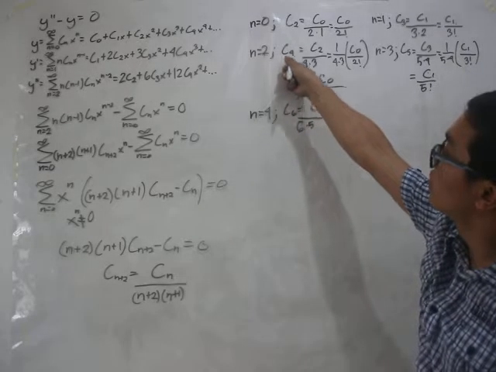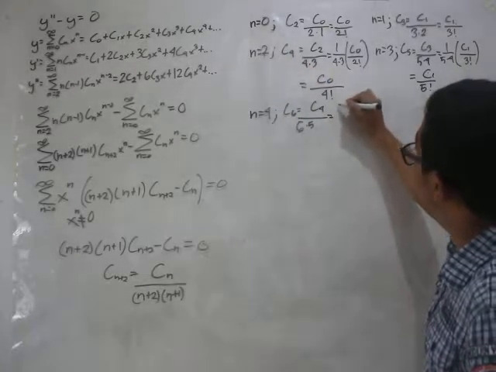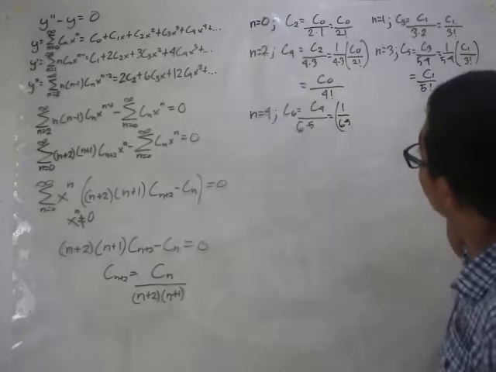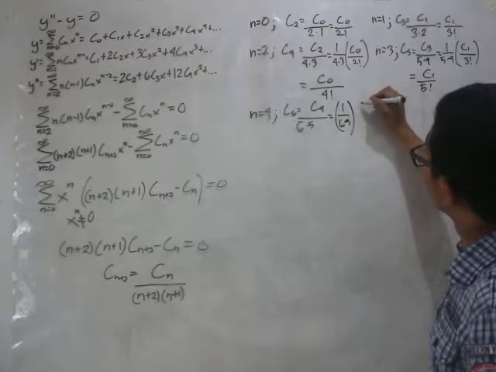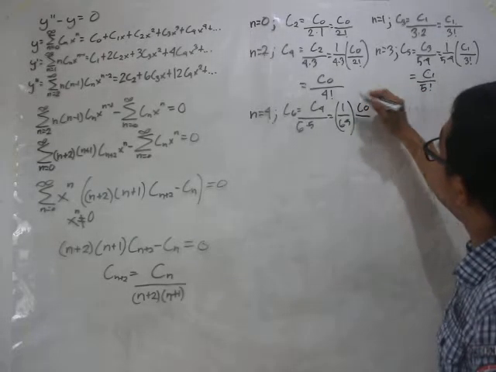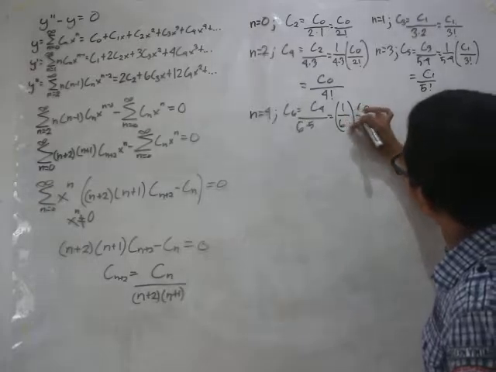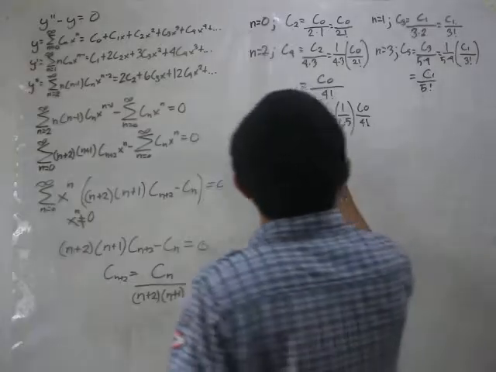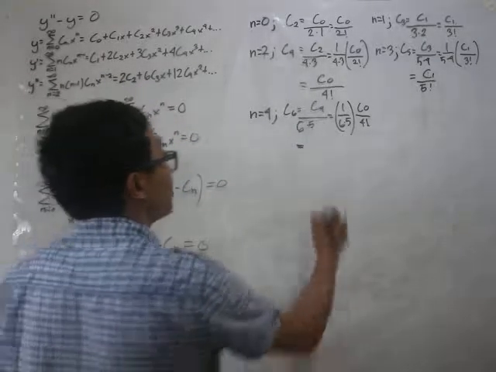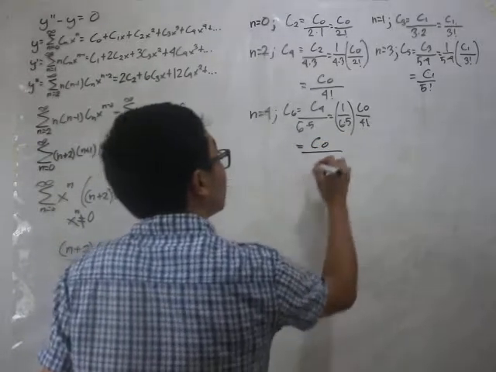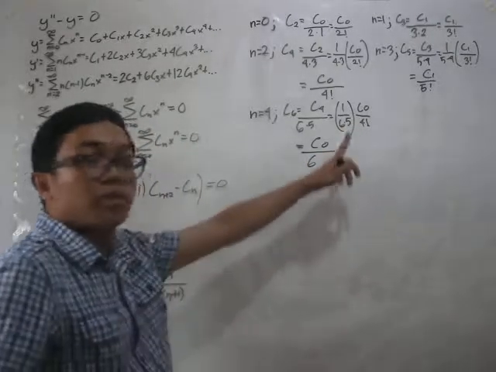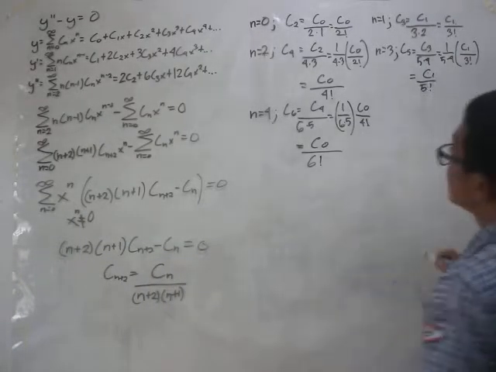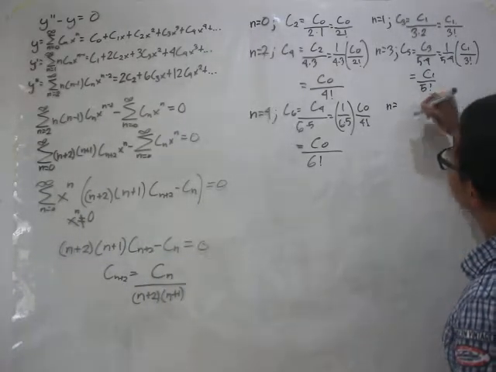But we have c4 here, so again substitute. 1 over 6 times 5 times c0 all over 4 factorial. That leaves us with c6 equal to c0 all over 6 times 5 times 4 factorial, which is 6 factorial.